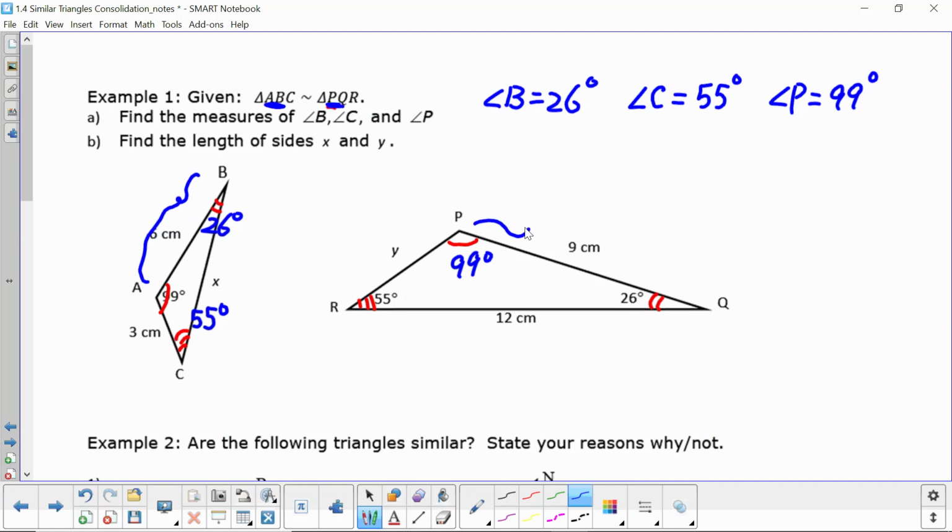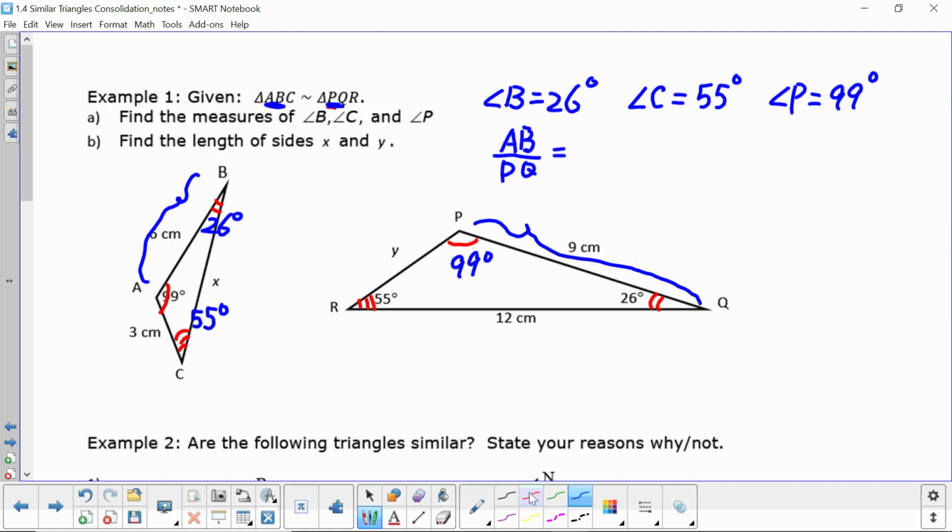So these two sides are corresponding. We would like to write the corresponding ratios as equal in order to solve for the unknown side. So we write first two over first two: side AB over corresponding side PQ.